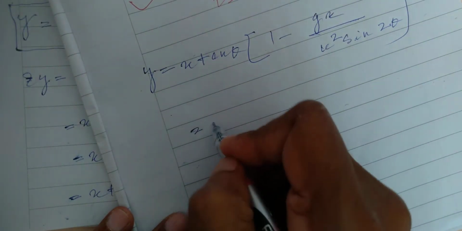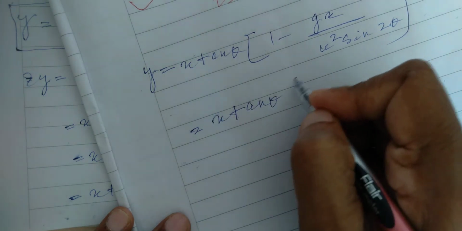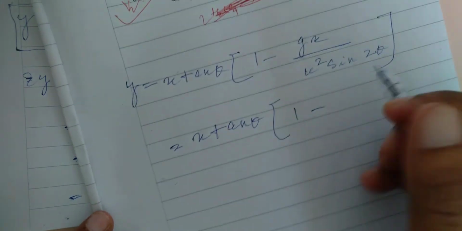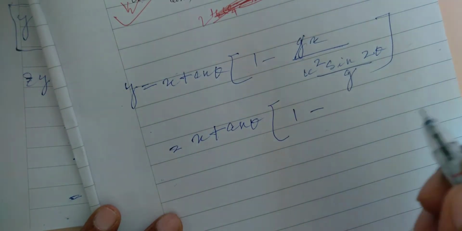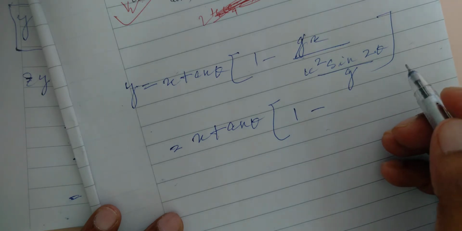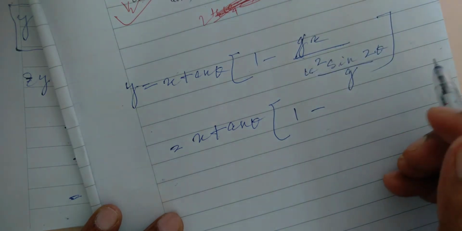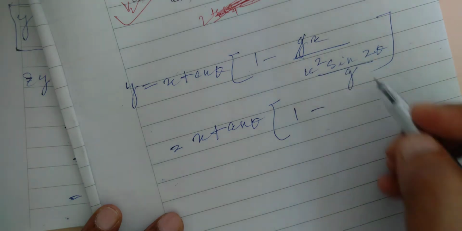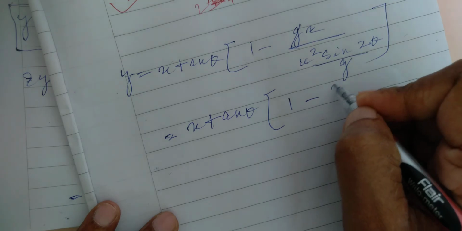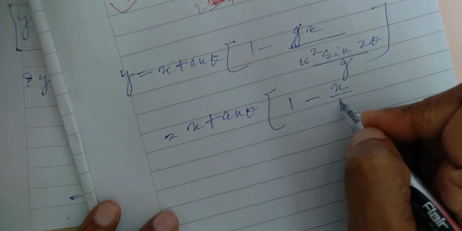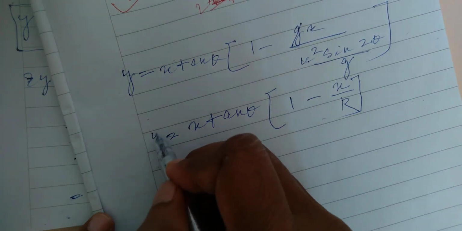Now I'll modify it further. 1 minus, I'll put this g under this one. Now look at this expression, u square sin 2 theta by g. What is the formula? It is nothing but horizontal range, so it will be x by R. So this is the final formula.